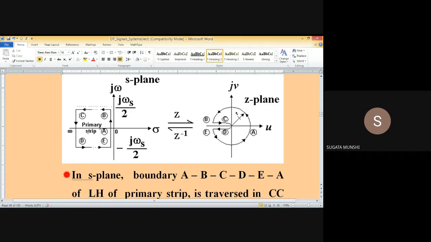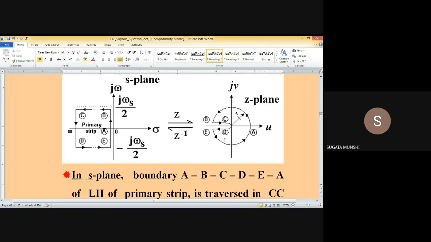So the interior of this left half of the primary strip, all these points, where will they map onto? The interior of this unit circle centered at origin in the Z plane. So if you consider the entire left half of the primary strip extending up to sigma equal to minus infinity, the interior of the unit circle will be completely filled up.